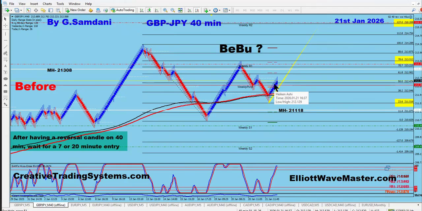Okay, so right now we are starting a new day, basically. If it continues to the upside, 100 pips will be the max. Usually that's it. See, yesterday it did a 118 pip move. Today so far 26 already.